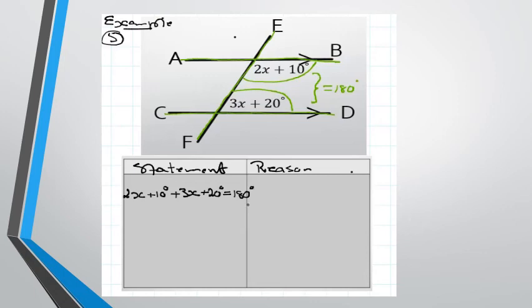So I'm going to say the reason: co-interior angles, and they must be equal to 180 degrees. Why can I say co-interior? Don't forget, because line AB is parallel to line CD. Now that I have that, I can say likewise terms.